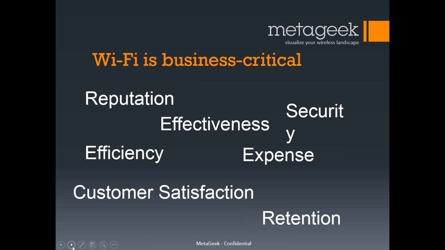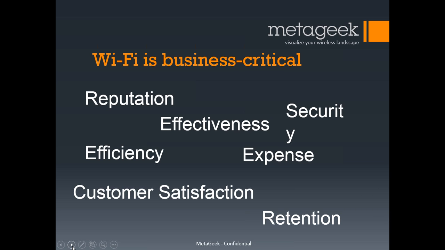I won't spend too much time on this slide, but basically I'm trying to get the point across that Wi-Fi is business critical, and that's why MetaGeek is in business, because Wi-Fi is mysterious and wonderful, and when it breaks, it's horrible because it's invisible. So our products let you see the invisible because you can't fix something until you can visualize it.